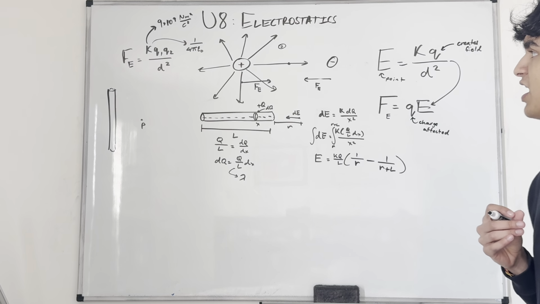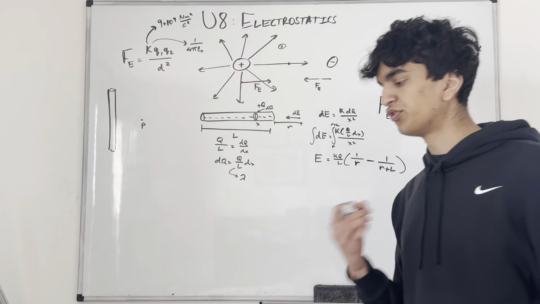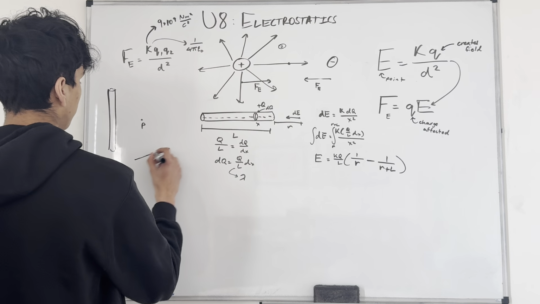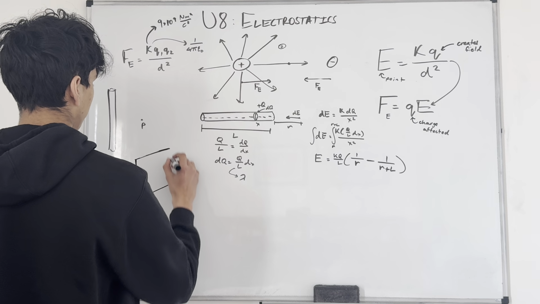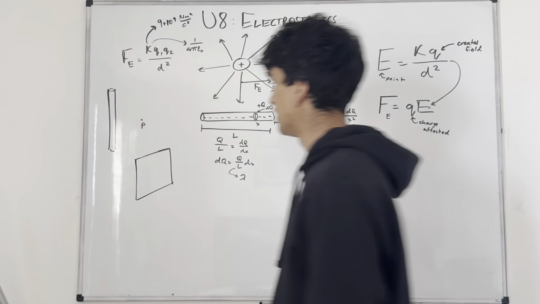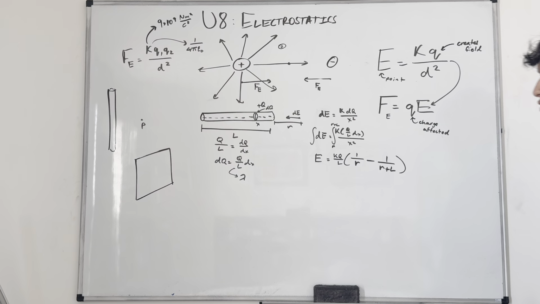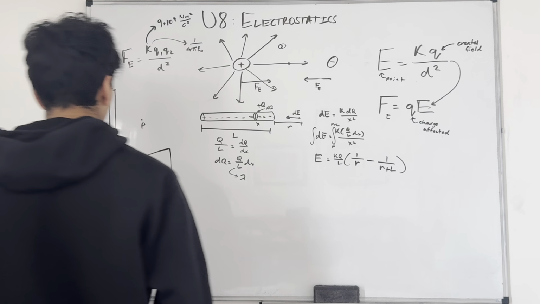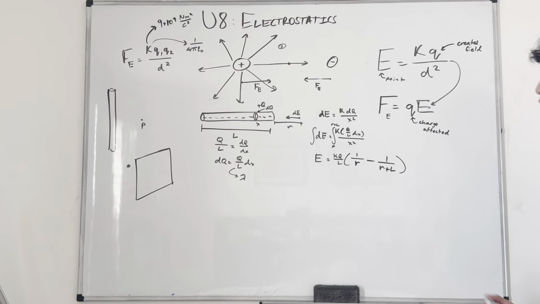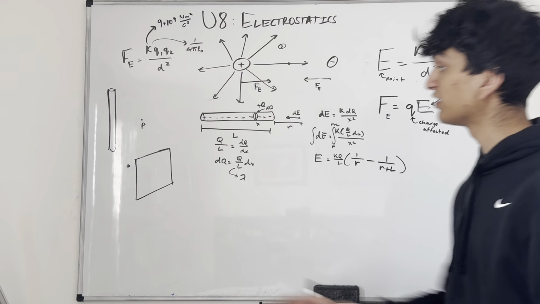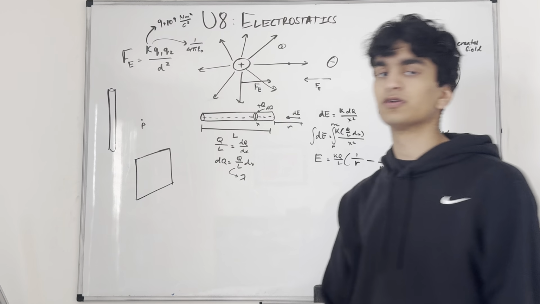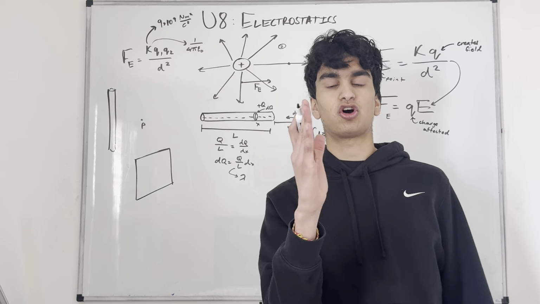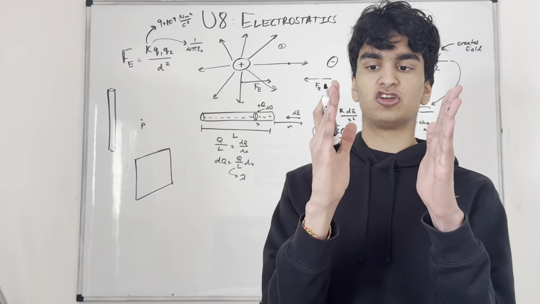We first have to talk about electric flux. Electric flux, to put it simply, is the amount of field lines going through a surface. So if I had a square, and let's say I have a uniform electric field. And you can create uniform electric fields by having a sheet of charge next to a sheet of opposite charge.